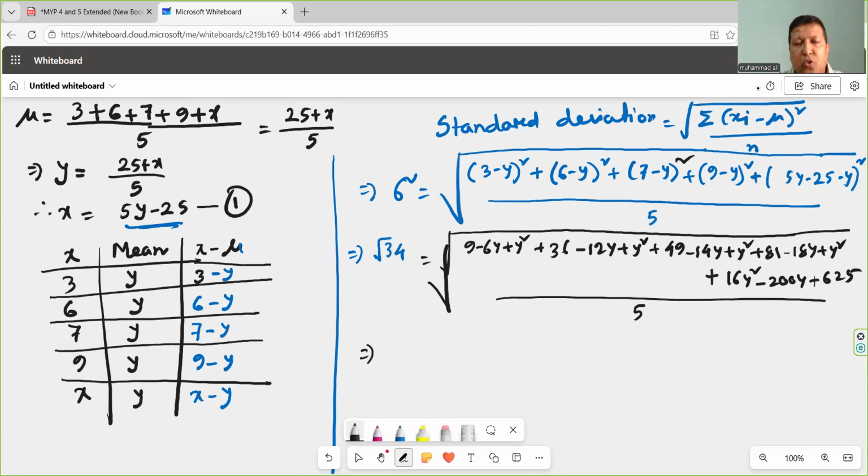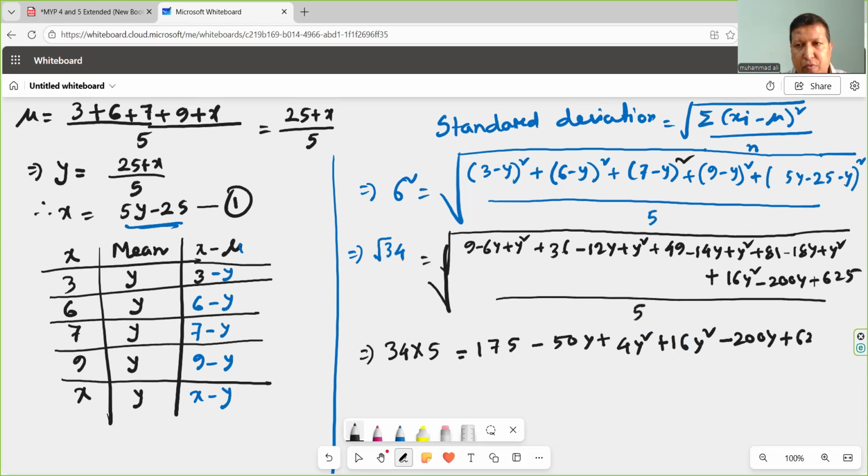If we take the square on both sides, we get 34 multiplied by 5 on the left, and on the right side if we simplify, we get 175 minus 50y plus 4y squared plus 16y squared minus 200y plus 625.